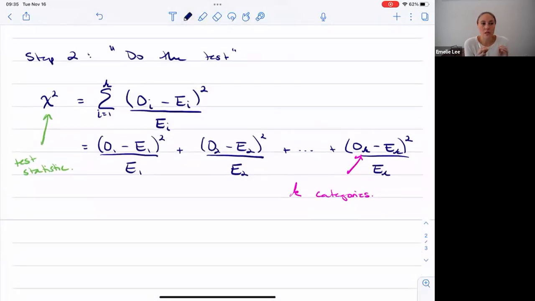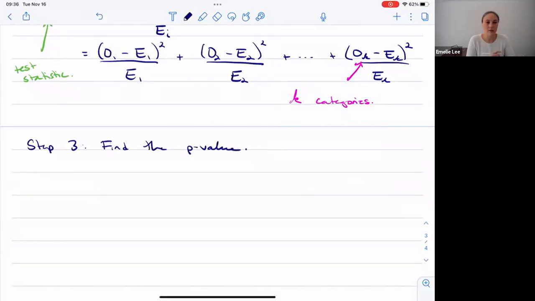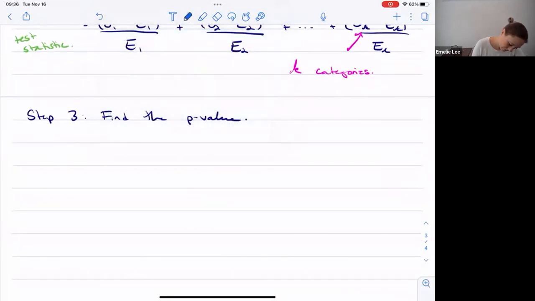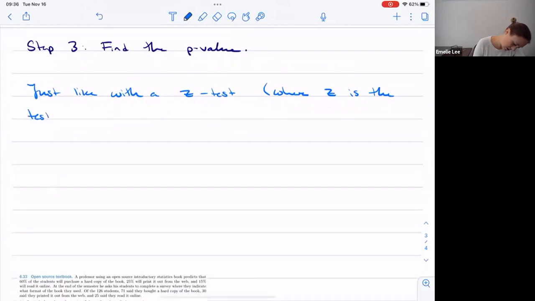So in step 3, find the p-value. We use the test statistic to find the p-value, just like with a z-test, where z is the test statistic.